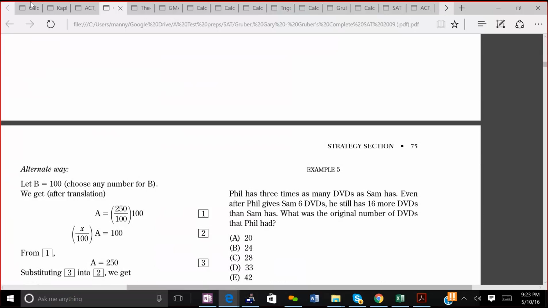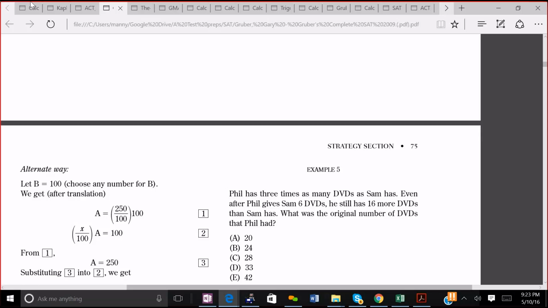Phil has 3 times as many DVDs as Sam has. Even after Phil gives Sam 6 DVDs, he still has 16 more DVDs than Sam has. What was the original number of DVDs that Phil had? So what we're looking for is DVDs. So Phil and Sam.